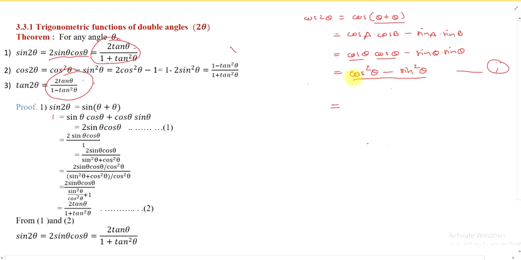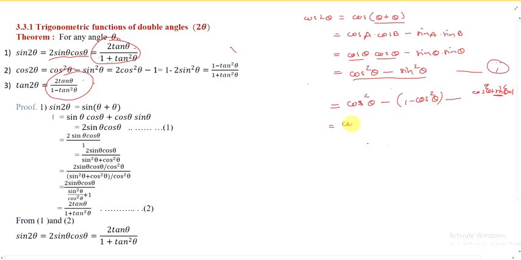First result. For cos square theta, keep this term as it is. Minus. Sin square theta can be written as 1 minus cos square theta. Why is this so? You know that cos square theta plus sin square theta is equal to 1. Okay, by using this identity, sin square theta is equal to 1 minus cos square theta.